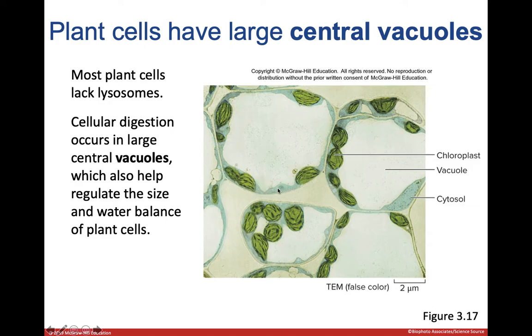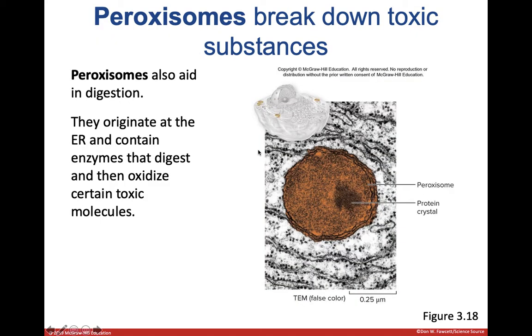This is where they're going to regulate enzymes and store salts and things like that. So this vacuole does lots of different things for a plant cell. Very, very important. So this is where plant cells are going to break down all of the good things that they eat and bring inside of their cells.